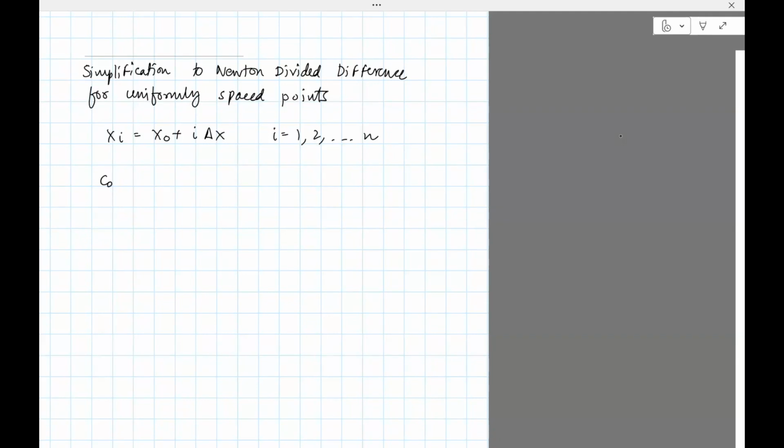C0 is simply f of x0, what we wrote down. There's no change to that. C1 we wrote down as f of x1 minus f of x0 divided by x1 minus x0. But that is the differential of f, which is saying that delta f here is f of x1 minus f of x0.